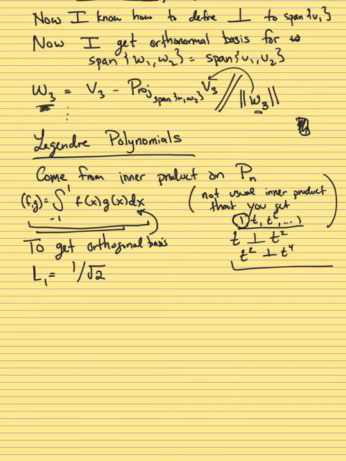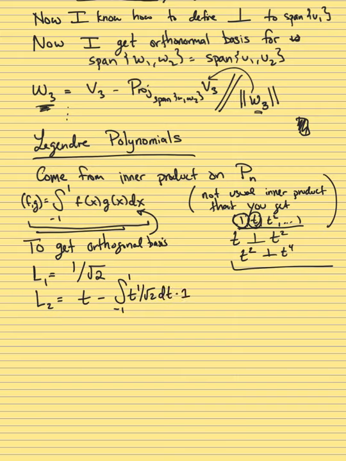And then you figure out what the constant should be. Okay, so what's the second one? Well, you apply the Gram-Schmidt process to t. What you get is t minus the inner product of t with 1 over root 2, times 1 over root 2.